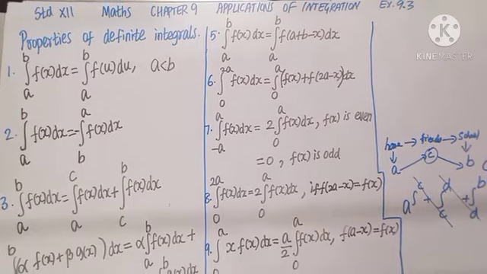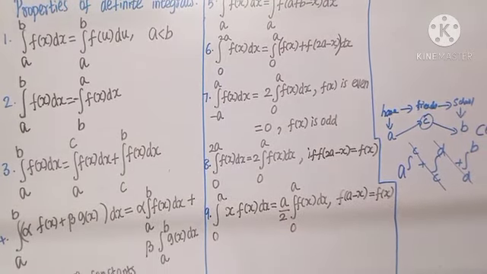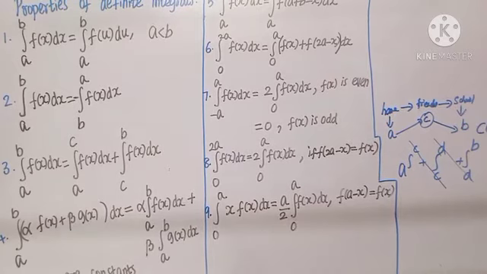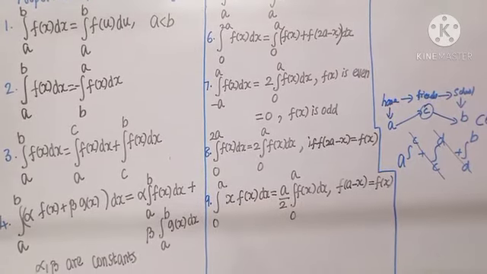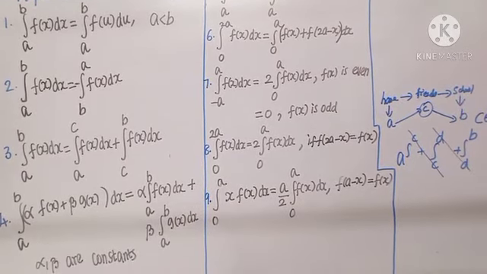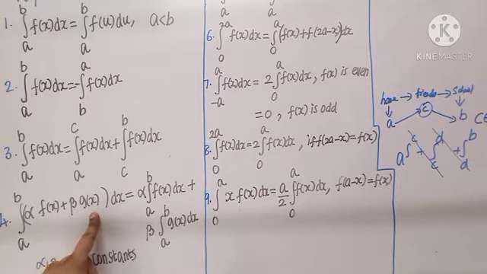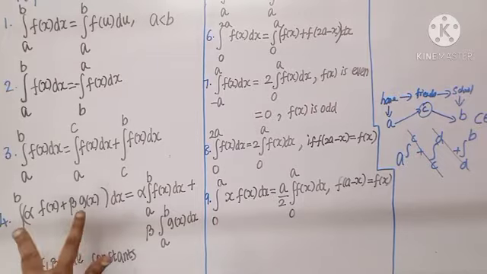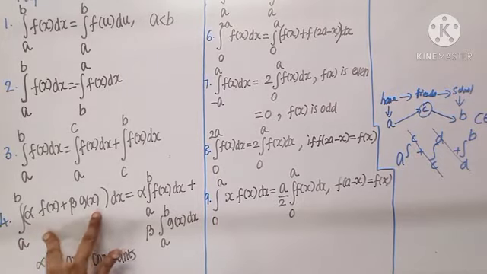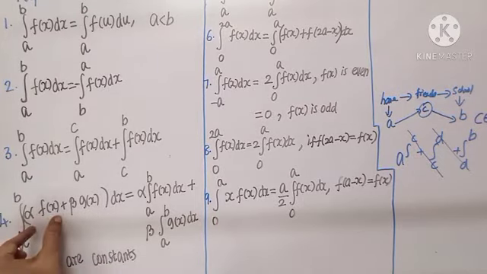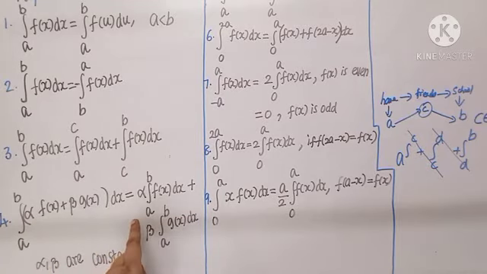Fourth idea: when you have alpha into f of x plus beta into g of x in the integral a to b, I can split it: a to b first one, a to b second one. Alpha is the coefficient, keep it out.